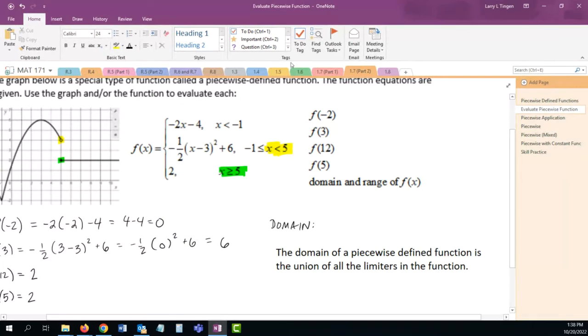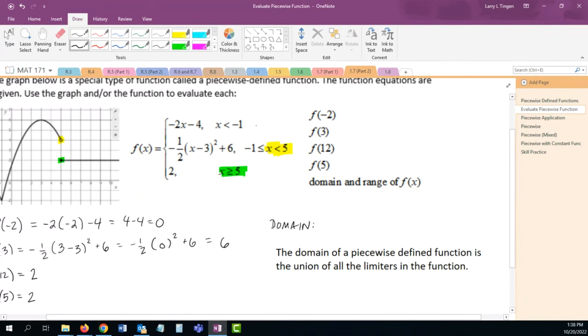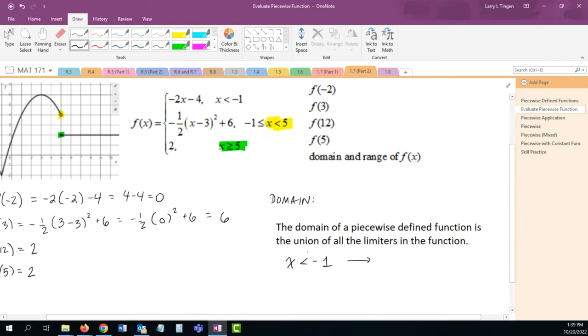So for us, let's see what we have. When x is less than -1, what does that look like in interval notation? Yep. So that starts out at -infinity and goes up to -1.